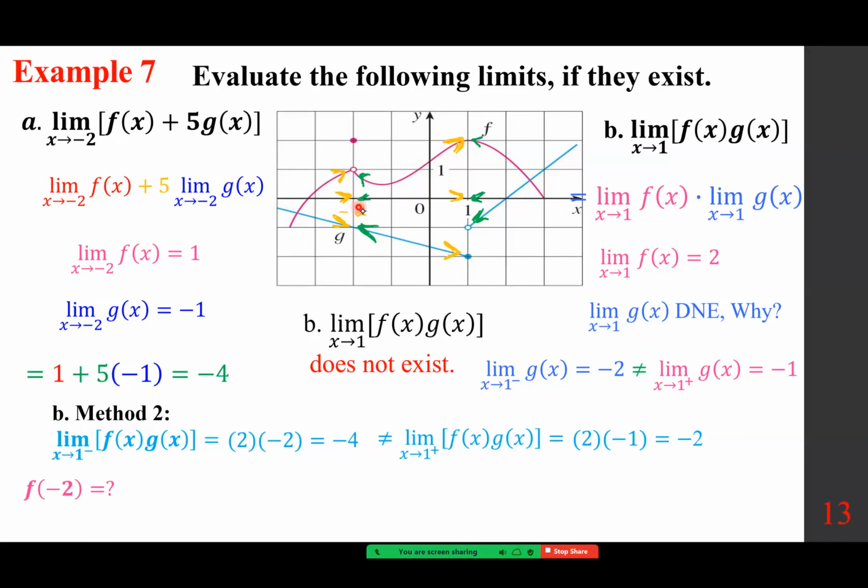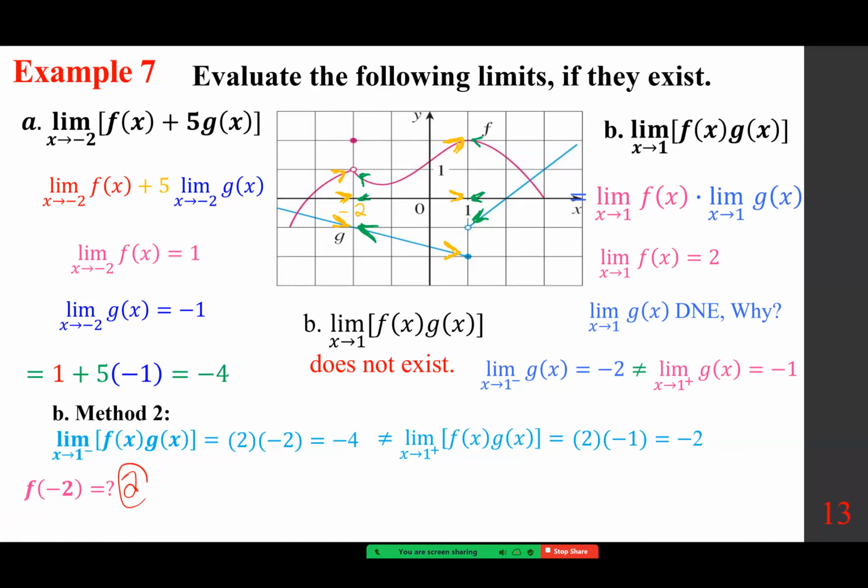Here's the -2. We are interested in f of -2. That means this is a hole, that doesn't work. This is a solid point, and the y coordinate of that is the answer. So this is 2, everybody. That's the meaning of that solid point.